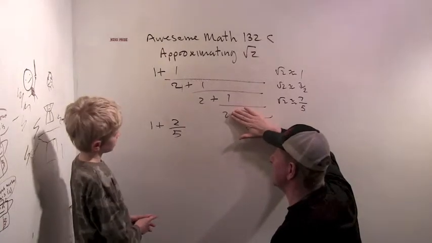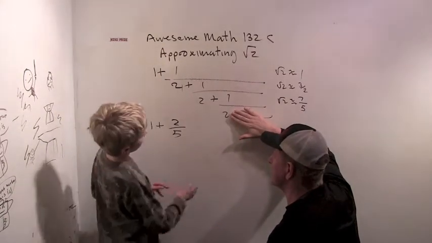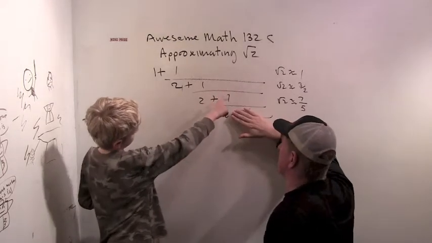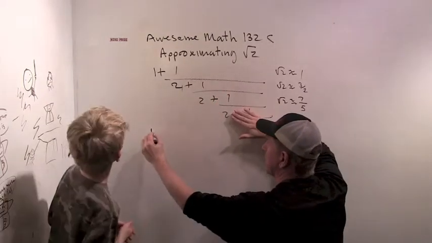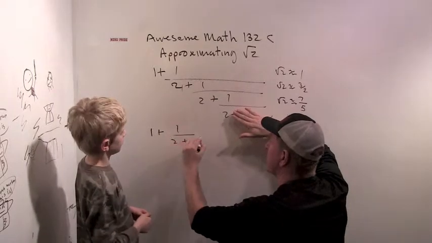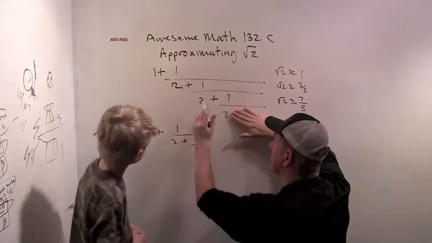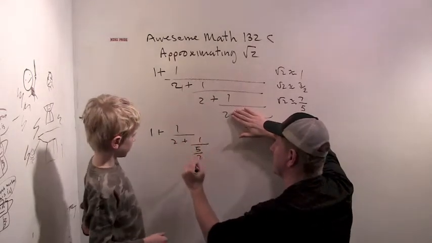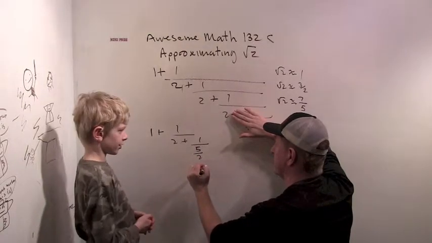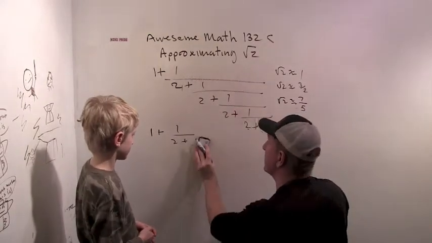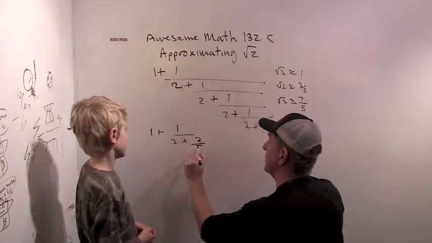So we get 1 plus 1 over 2 plus 1 over 5 halves from here. Then 1 over 5 halves is 2 fifths, so this becomes 2 plus 2 fifths, which is 12 fifths.